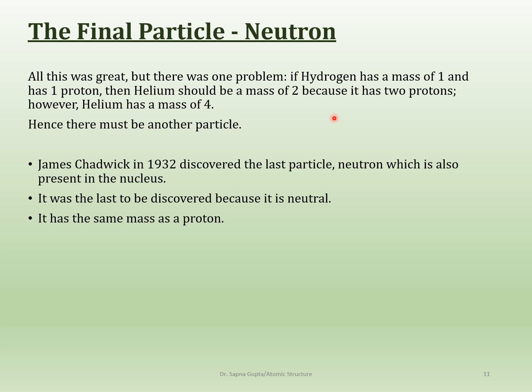But when you go from hydrogen to helium, which has 2 protons, then the mass should be 2, but actually it's not. Helium has a mass of 4. So if helium has a mass of 4, where's the other 2 coming from? Because 2 is coming from the proton. It turns out the other 2 was coming from the neutron, which is equal in mass to that of the proton. So it took a while, but they eventually got there.